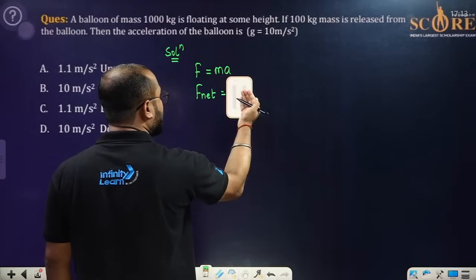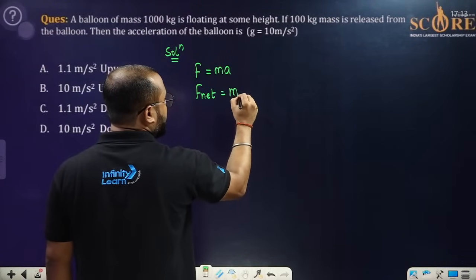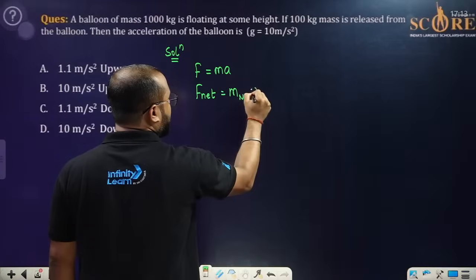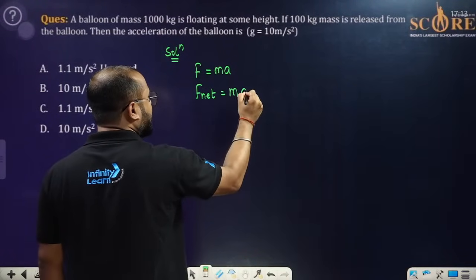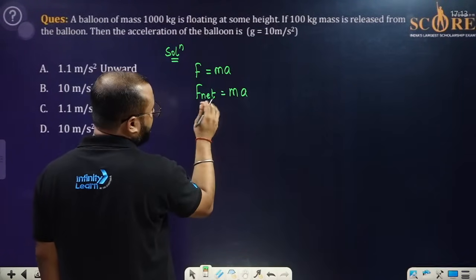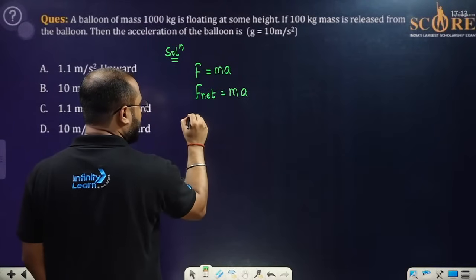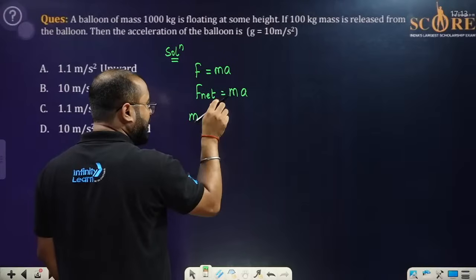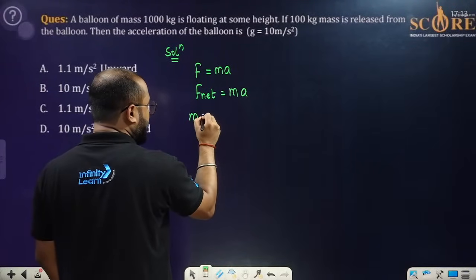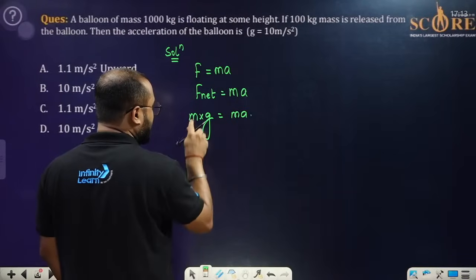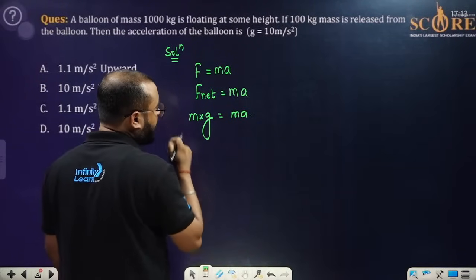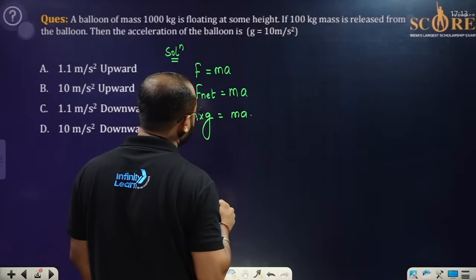The mass of the balloon which is left, into acceleration due to gravity, will be equals to ma. Fine, so you can write it out over here.